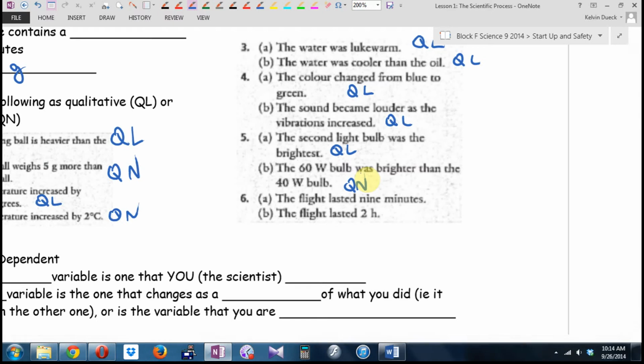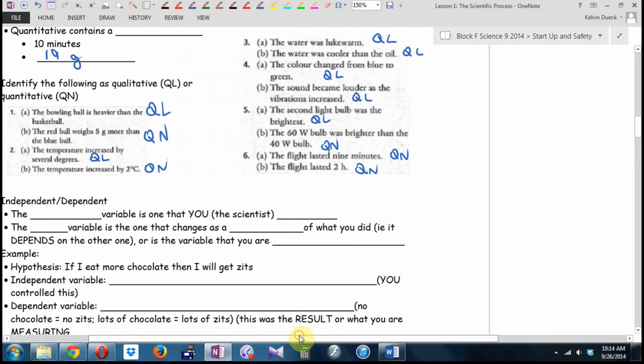Yeah. Both measured, right? Because 9 minutes is a measurement, and 2 hours is also a measurement. Is that okay, Dan? Make sense?